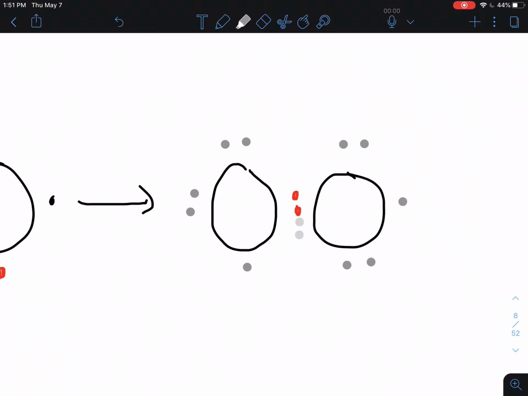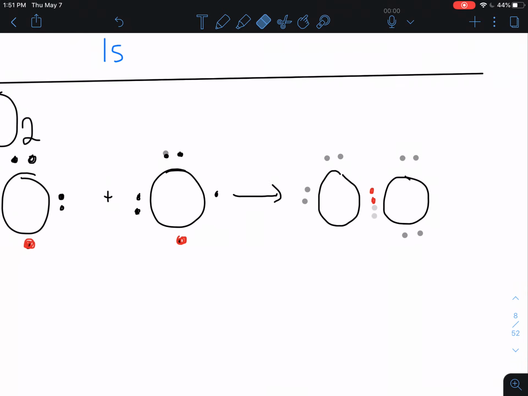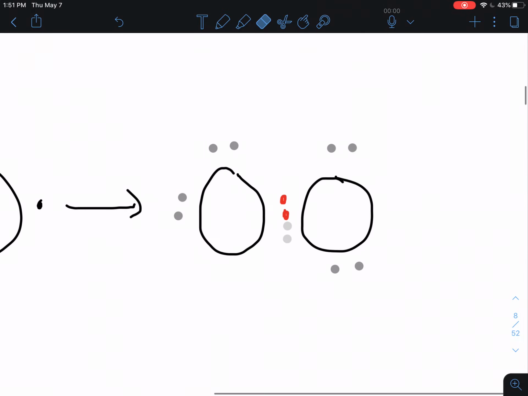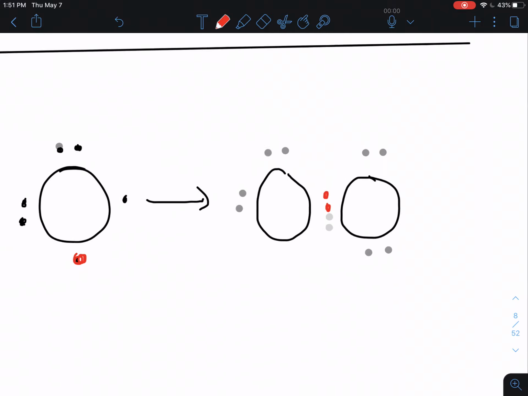Either way, so I'm going to erase these guys. Now, let's take a look and see how many electrons each oxygen has. 1, 2, 3, 4, 5, 6, 7, 8. 1, 2, 3, 4, 5, 6, 7, 8. So each oxygen has an octet, which is what we want.